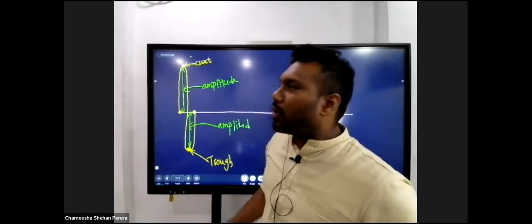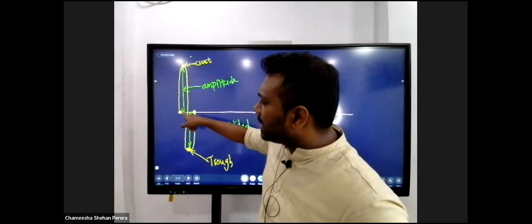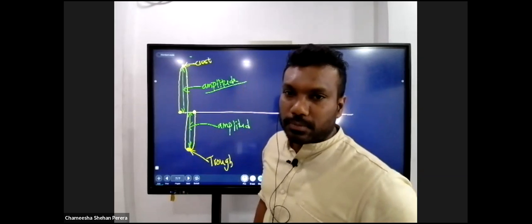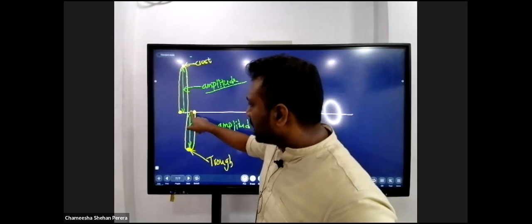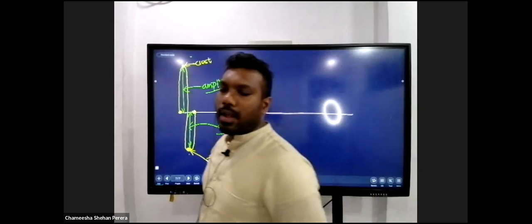So if you're going to talk about the amplitude of a transverse wave, take the distance from the zero displacement position to the crest. That's called the amplitude. Or take the distance from the zero displacement position to the trough. That is also the amplitude. Okay, that's it.